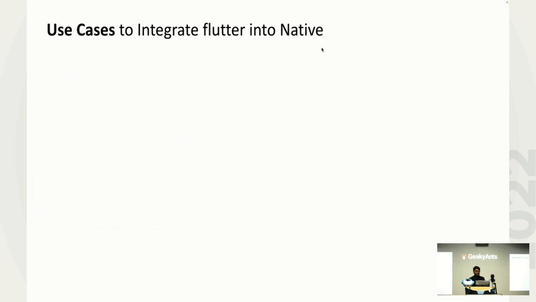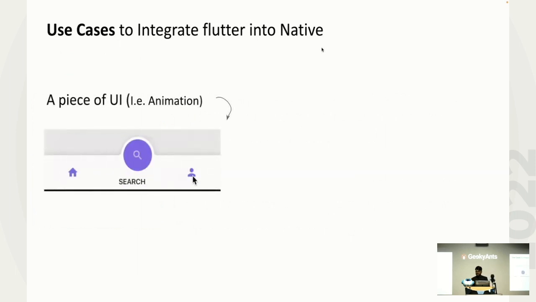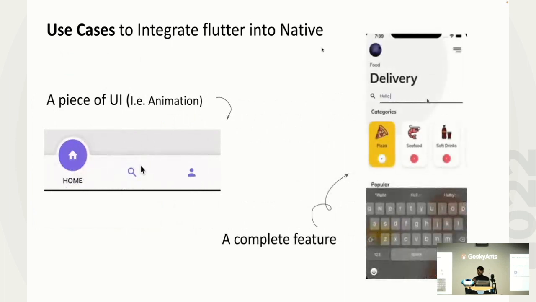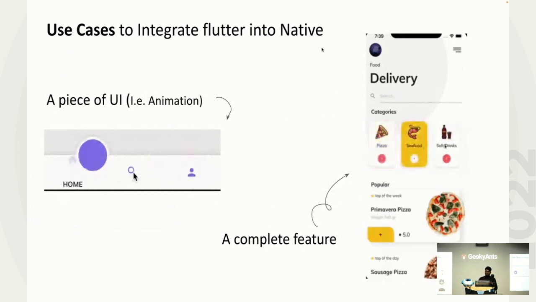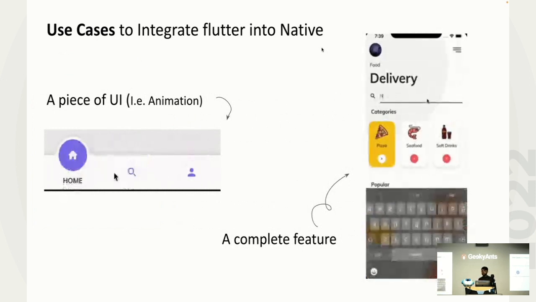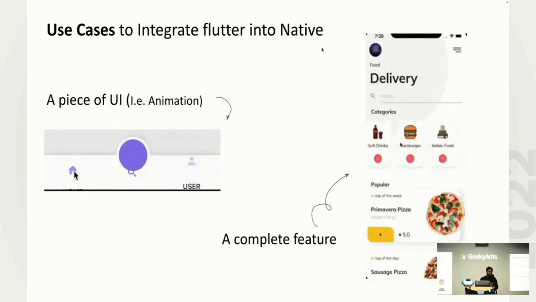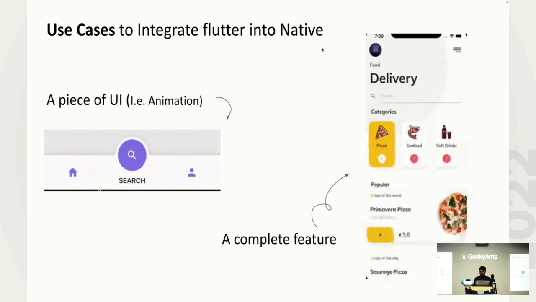For example, you have a product that is already built using native, probably Android or iOS, and you want to use capabilities of Flutter to build something like a very cool animation that is probably a little bit hard with your native toolkit, or you want to build whole features using Flutter for the obvious reasons of cost and time benefits that it gives, and developer experience is something that we all know about. So this is possible with the feature called add to app.